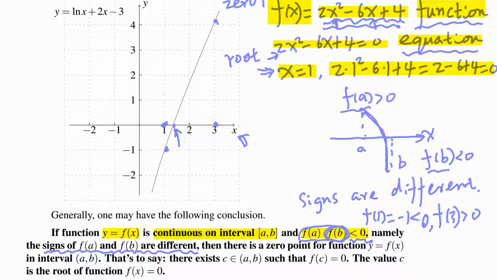Then we may claim that there is a 0 point for function y equals f of x in the interval from a to b, or we may say there exists c in interval (a, b) such that f of c is 0. Okay, and then we may claim c is the root for the equation f of x equals 0. All right? Okay, I'll see you next time.